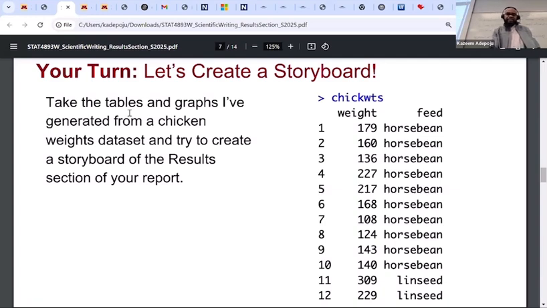So I take the tables and graphs I've generated from the chicken weight data set and try to create a story of the results. I'm going to give you a typical story you can tell based on the graphical and numerical analysis you've done on this. Okay, let's say we have this data set.